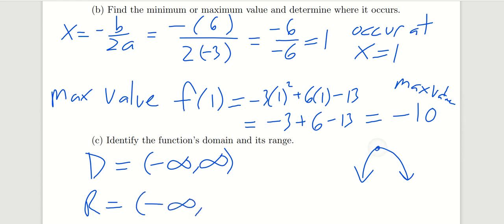And the highest point on this parabola is given by the y value of the vertex, which is the same thing as its maximum value, which is negative 10. So the domain is all real numbers from negative infinity to positive infinity, and the range is going to be from negative infinity up to negative 10 when it opens down. That's the maximum value.